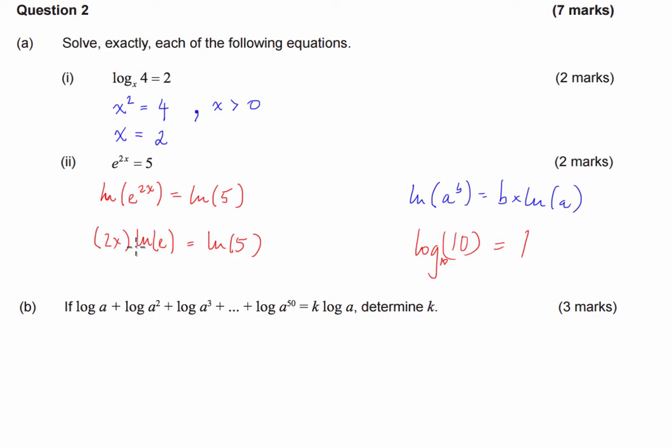So log to the base e of e is going to equal 1 and disappear. So we're just going to have 2x is equal to ln 5. And finally, we can divide both sides by 2, and we have x is equal to ln of 5 divided by 2. Cool.